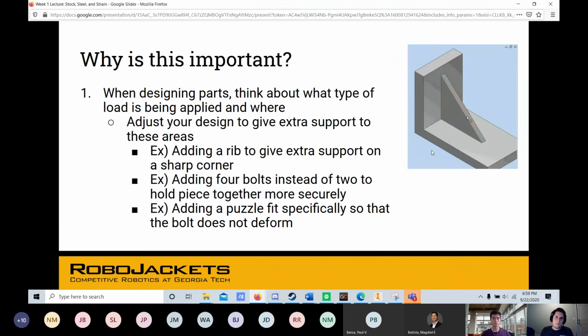Now, when you design parts, you should also think about what type of load is being applied and where. And then you should adjust your design to give extra support in these areas. So for example, let's say you have this bar on the side and you want to start bending it.